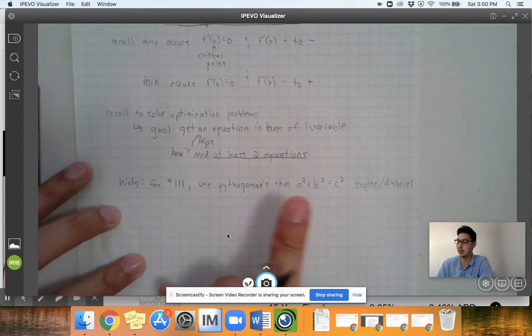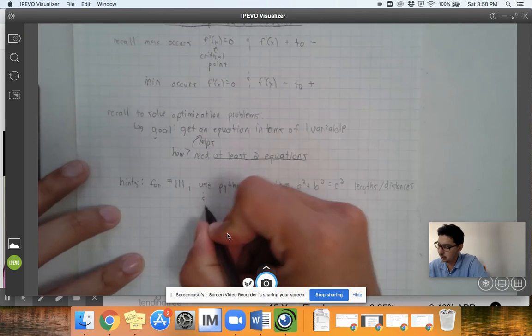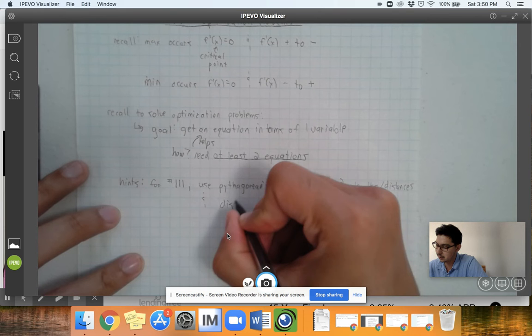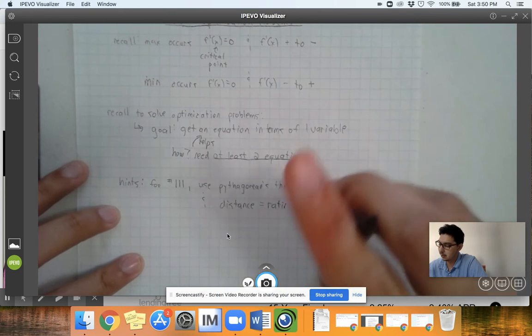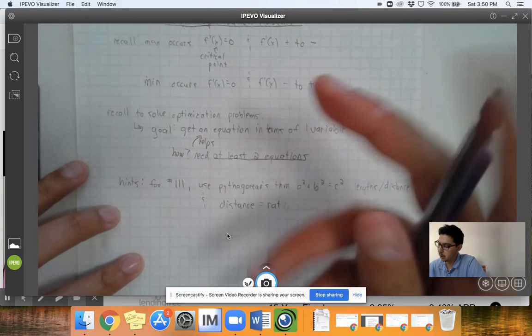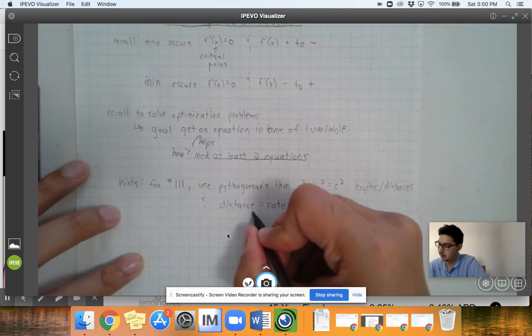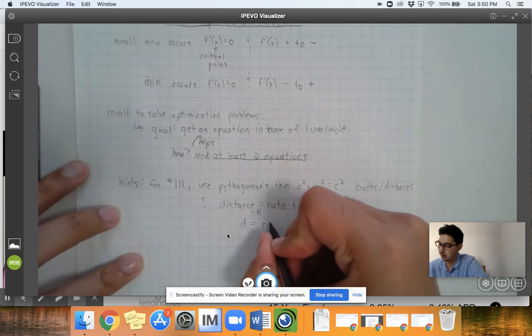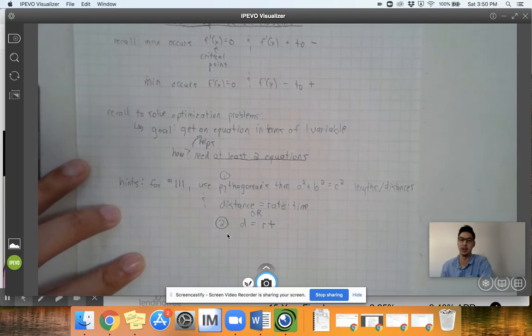This is also where the distance formula derives from. And you'll need the idea that distance is equal to rate times time, or more commonly known as d equals rt. So those are the two equations you're going to need in number 111.